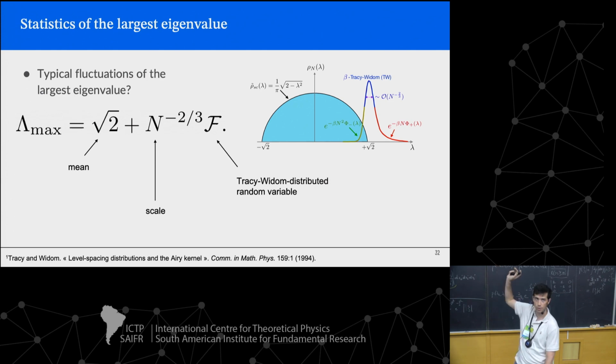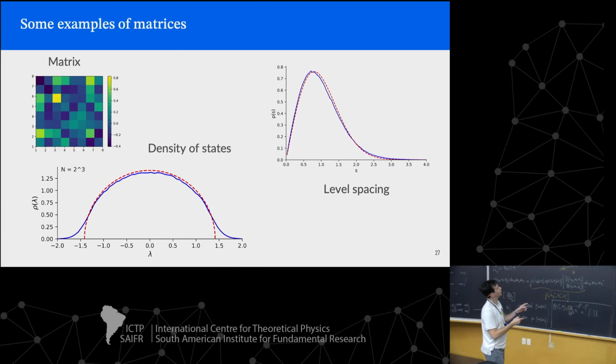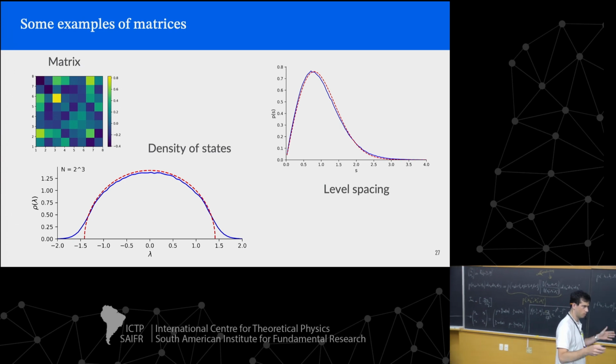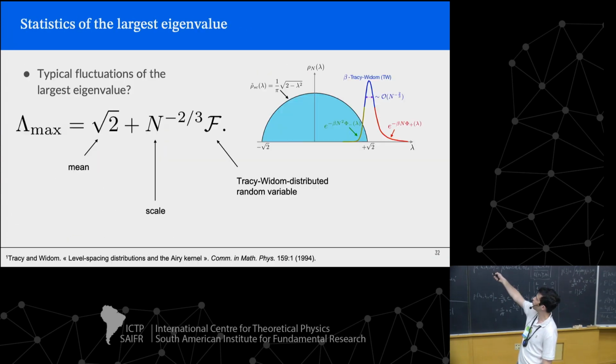The size of your network is going to enter into play when you try to estimate the typical width of the fluctuation of the maximum eigenvalue. In the same way that here, it was getting away from the Wigner semicircle for small n. It's because the typical fluctuations of the maximum eigenvalues are bigger, whereas for large n, they are suppressed because of this scaling.